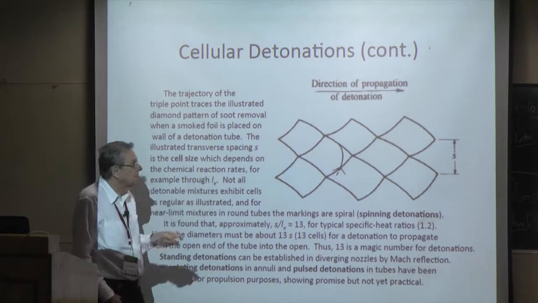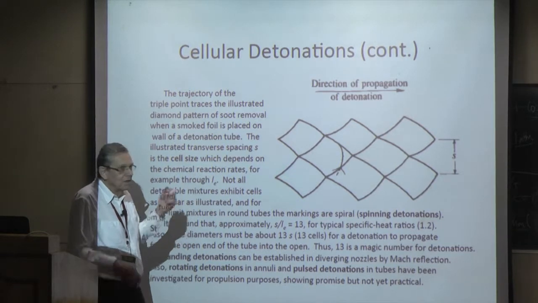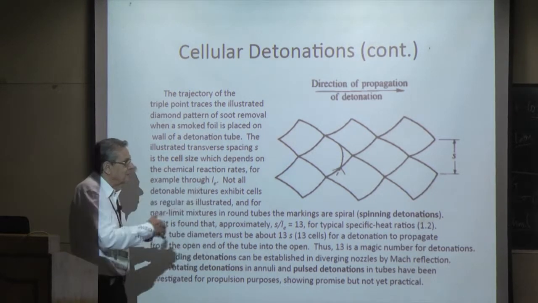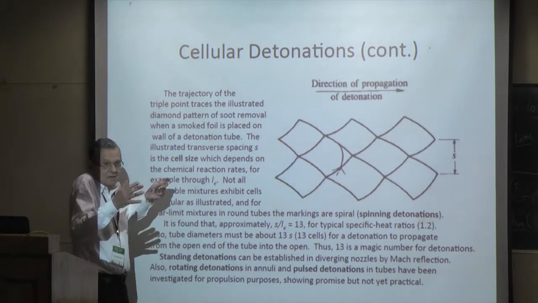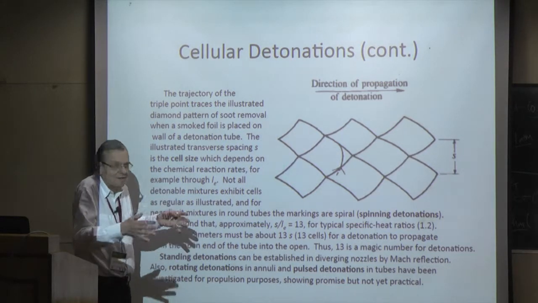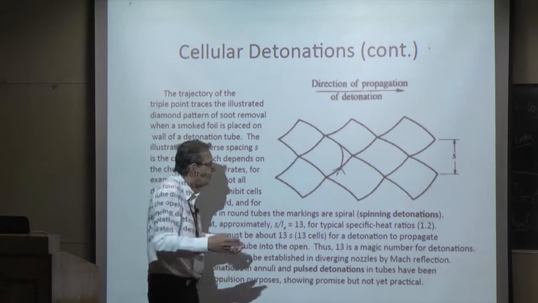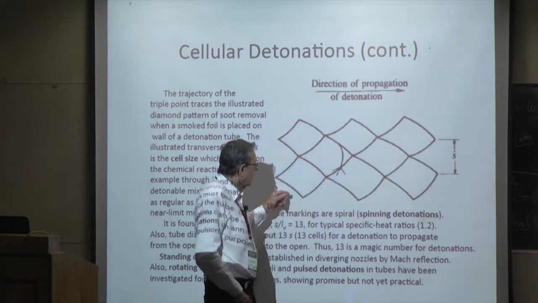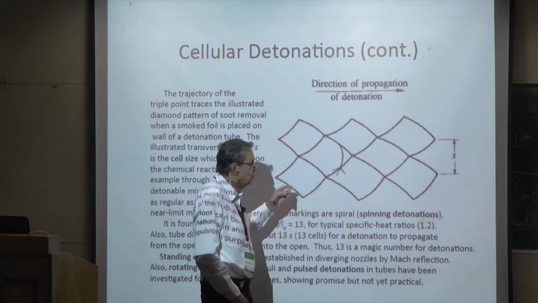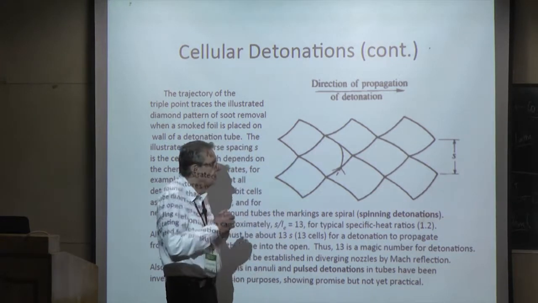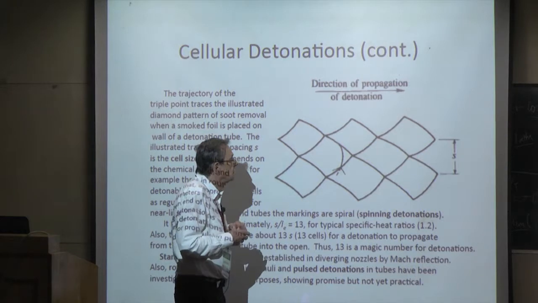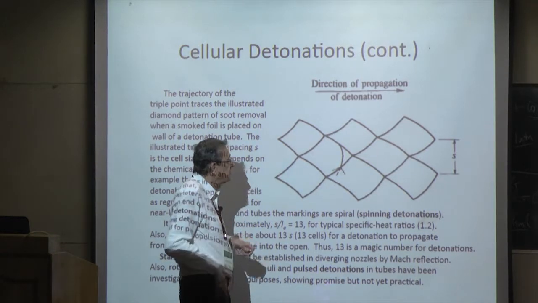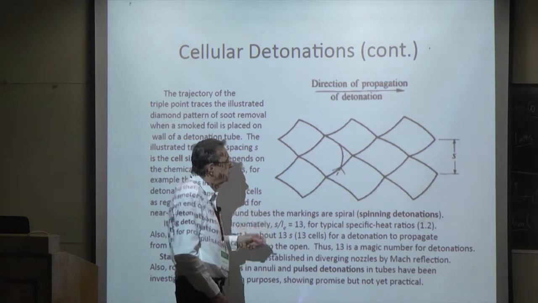And the diamond pattern is cellular detonation. All real detonations, at least Chapman-Jouguet detonations, this is not applied to the strong detonation in shock tube, but real detonations in tubes are unstable because of the high activation energy of the induction process, the effective high activation energy.